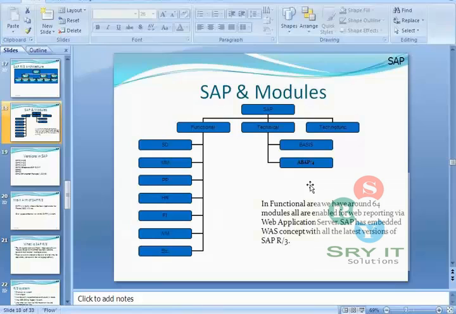SAP R3 works at intranet level, so all the modules by default allow access only within the organization. If you want to access these modules or applications over the internet, you need to define that at internet level. To do that, they implemented the EP, NetWeaver concept.